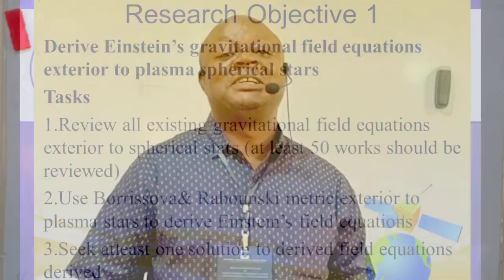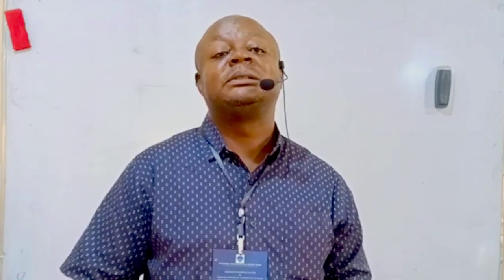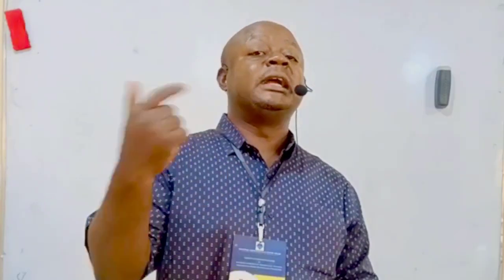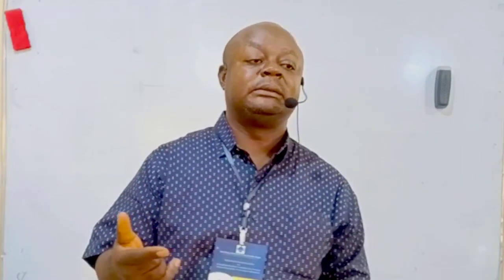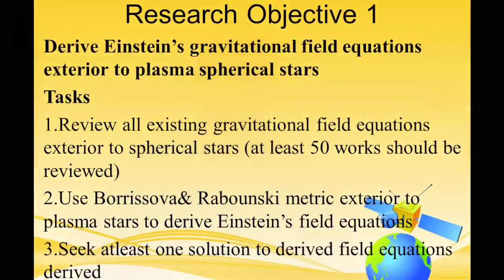Actually, that book is very rich. With that book, you can do a lot, because if you go through that book, you will discover he has used general relativity to even classify stars.